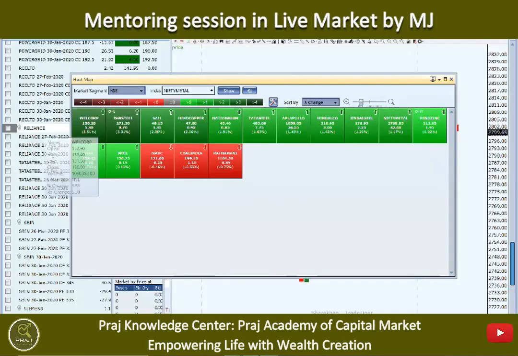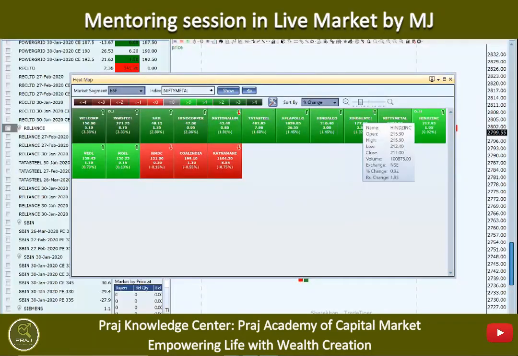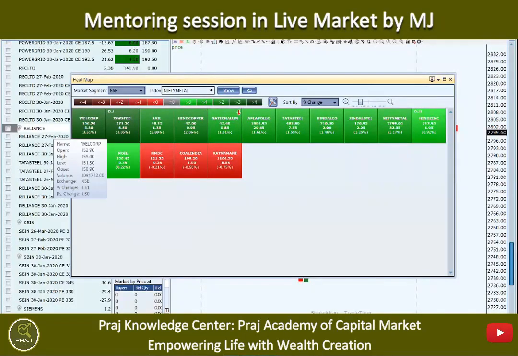So Nifty metal में these are the green ones are up, red ones are down, and the darker green ones are up by more percentage. Like if you look at JSW Steel, it's 3.38%, right? Tata Steel is 1.6%. So you can see that part of it also from here.